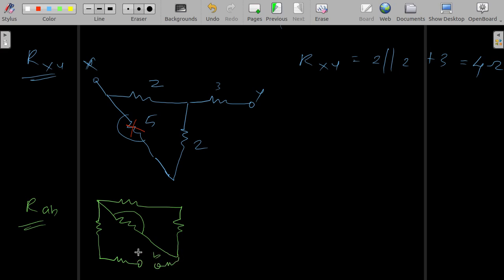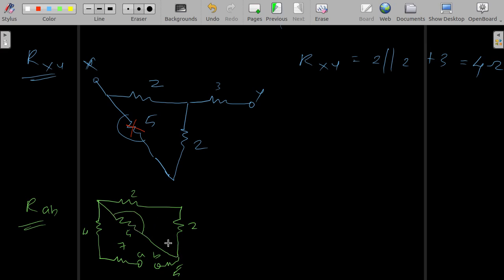B, A. This is 7, this is 5, this is 4, 2, 2 and 5, right. So again what happens? We have 2 and 2 in series, which is in parallel with this branch, right. But what happens here? This is a short circuit here, right.